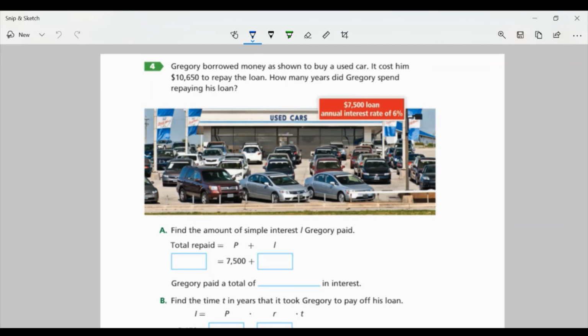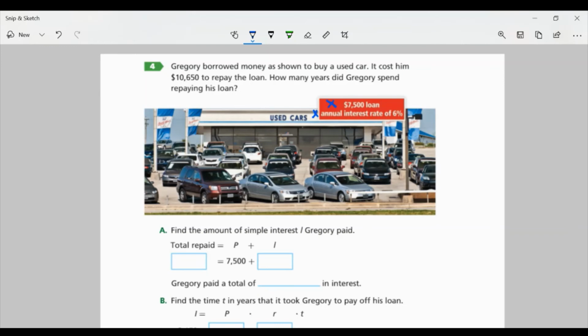Things that you want to look at and make note of. The loan was $7,500. And there's an annual interest rate of 6%. So those are important pieces of information that they give us. Part A, find the amount of simple interest Gregory paid.